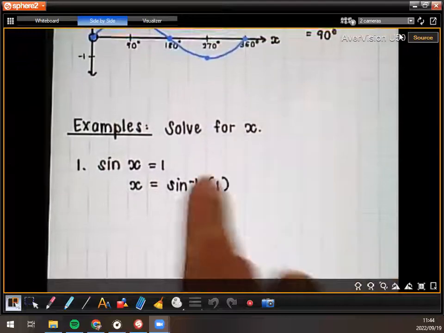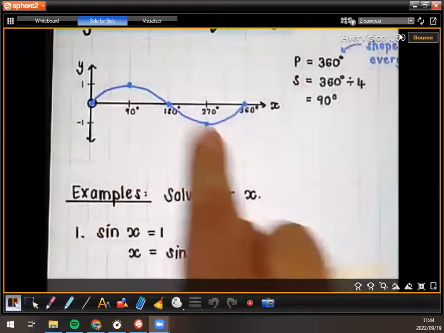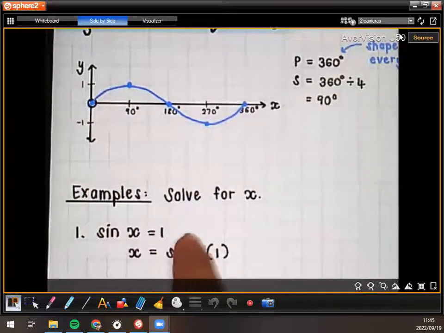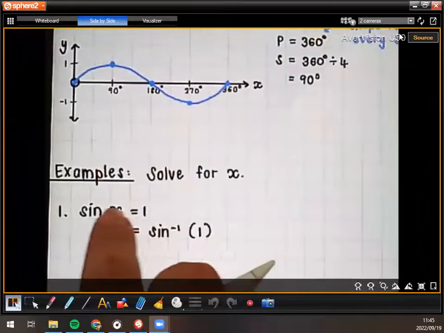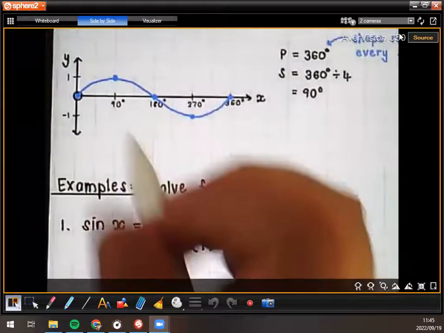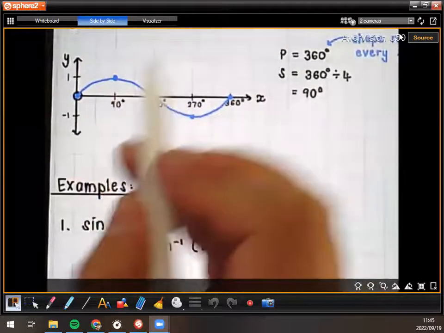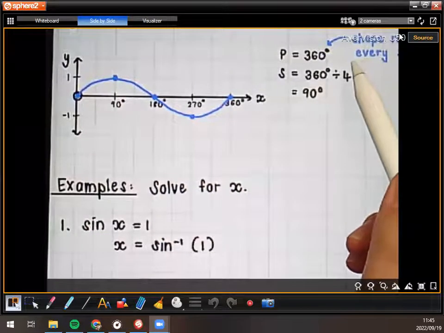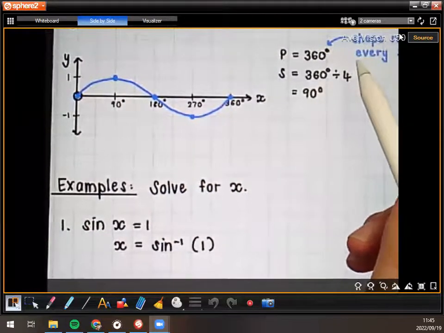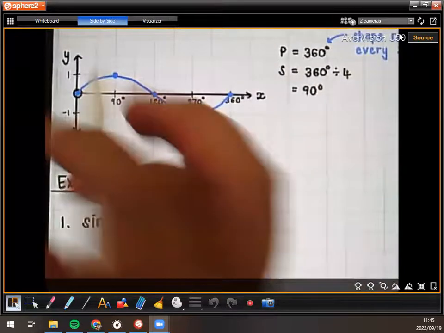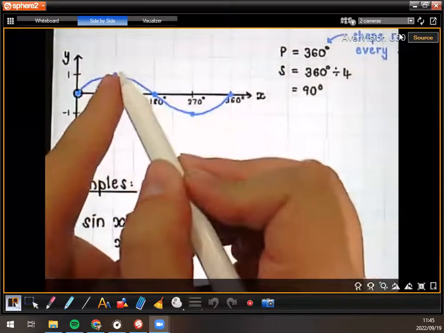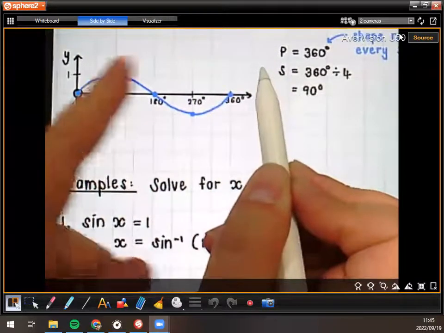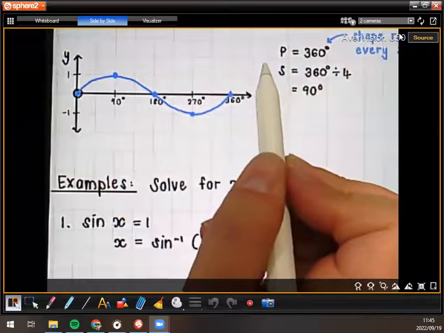Now, I'm going to write this down now, what this is. Let's look at our graph, guys. Where is the graph of sine x equal to 1? That's what they're asking us here, hey? At what x value is sine of x equal to 1? 90. But guys, isn't the shape going to go again after 360 degrees? And again, and again, and again. So we can't just say that x is going to be 90, because x is also going to be 90 plus 360. X is also going to be 450. And then another 360 degrees after that.